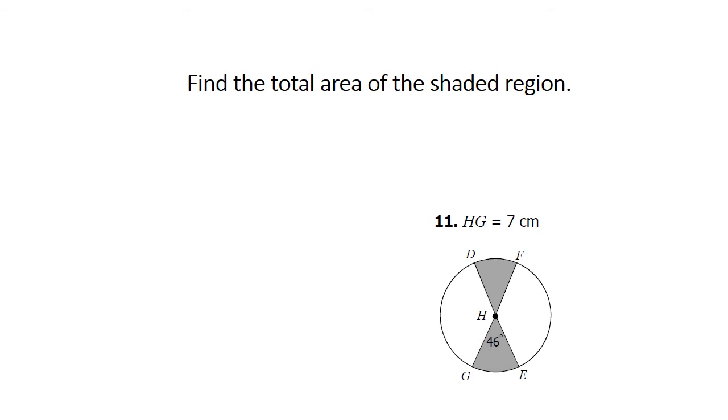And then finally, sometimes the shaded region is not all in one place. So we can see in this diagram we have two shaded sectors. The one sector on the bottom part of the circle gives us the central angle of 46. Fortunately, we can see we've got vertical angles, so both of the sectors would have a central angle of 46, and HG, which is the radius, is 7 centimeters.